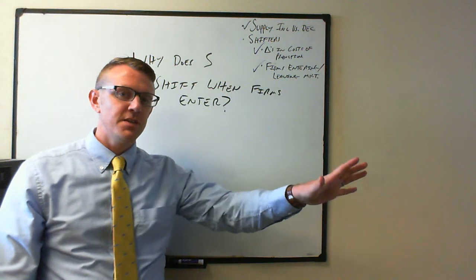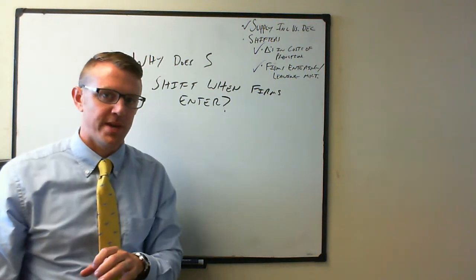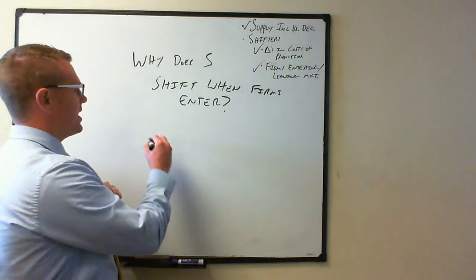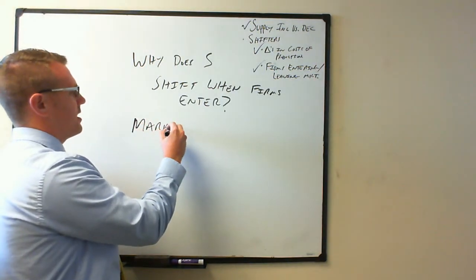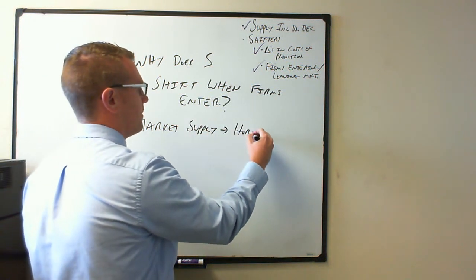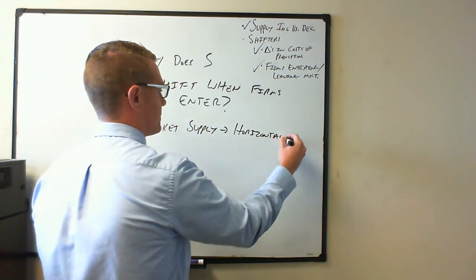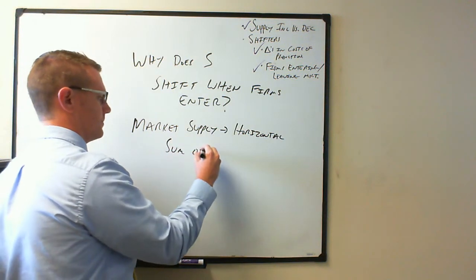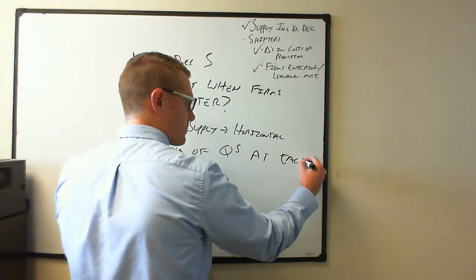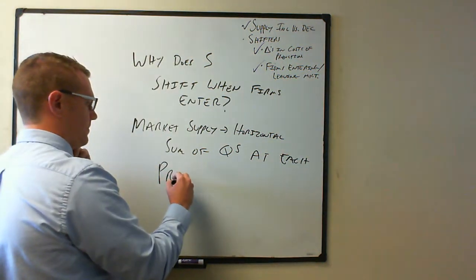How did we get from individual demand curves to market demand curves? We did a horizontal sum. Same thing here. Market supply is a horizontal sum of quantity supplied at each price.